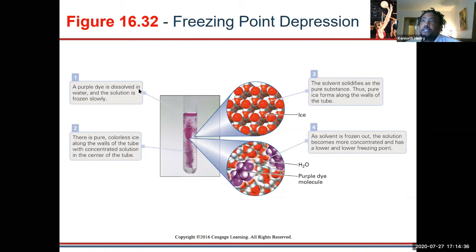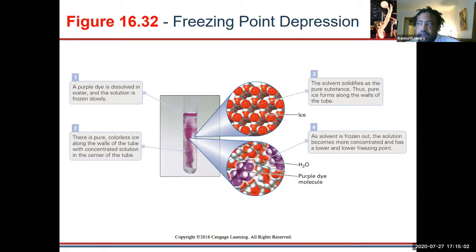Okay, so we have some purple dye. The purple dye is dissolved in water, right? As the solution freezes, you see how all the purple dye is starting to get caught up together? The water is surrounding it, and these guys are starting to get organized around it. So the water is collecting that purple dye at a certain point.